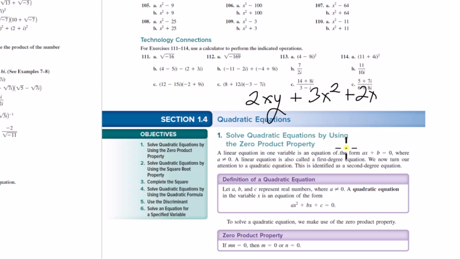This is linear, that's fine, but since at least one of these terms is degree 2, and we don't have anything degree 3 or higher, and everything's raised to whole numbers, this is going to be quadratic. So 5xz, right? This is degree 2. And so this here would be a quadratic expression in 3 variables, x, y, and z.